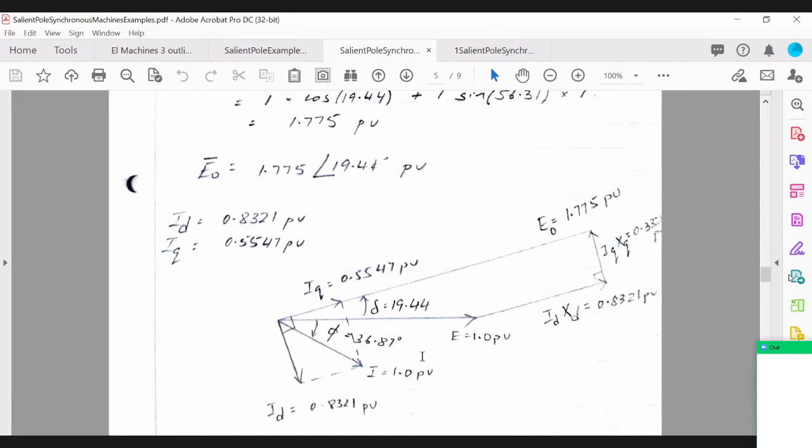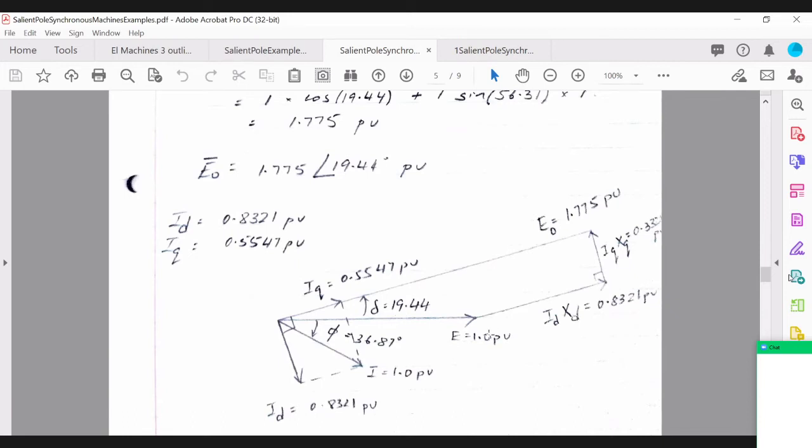Okay, so you need to be able to basically derive all the values on the phasor diagram, right? As you can see, in a salient pole machine the phasor diagram is a little bit more complex as compared to a cylindrical rotor.